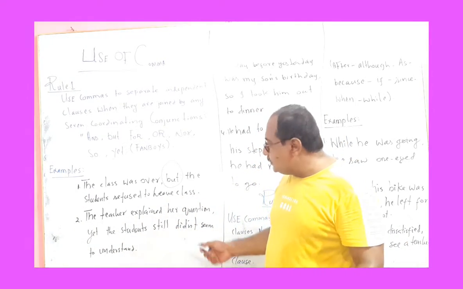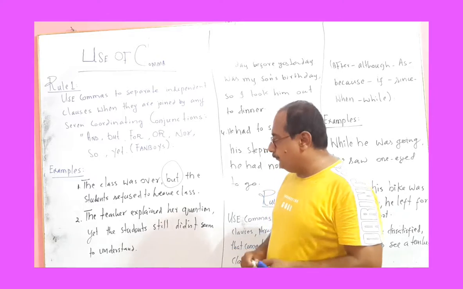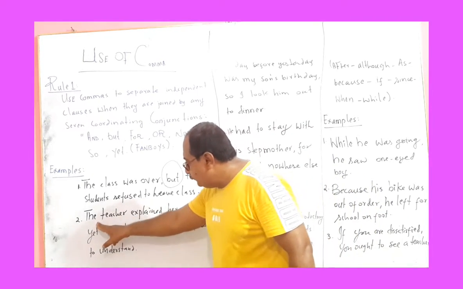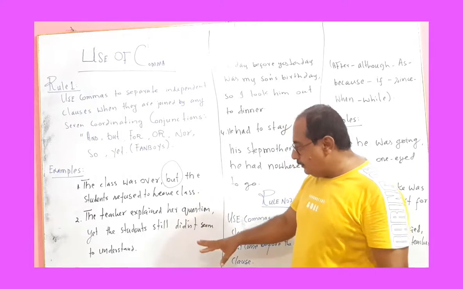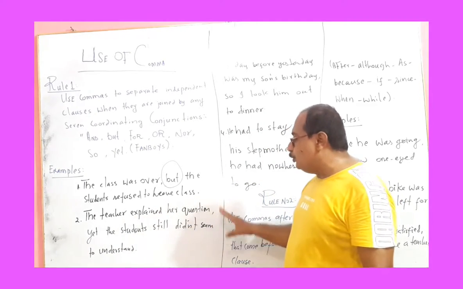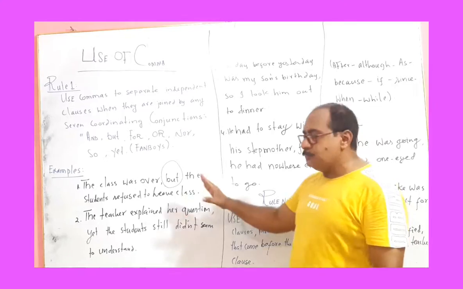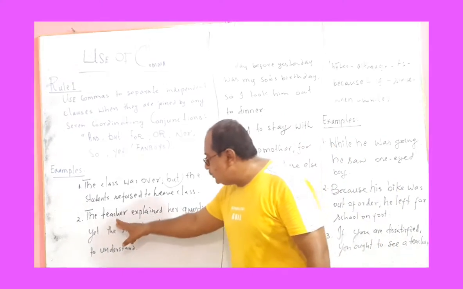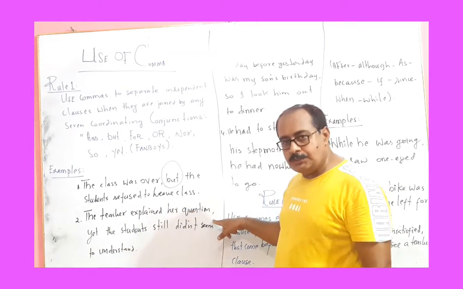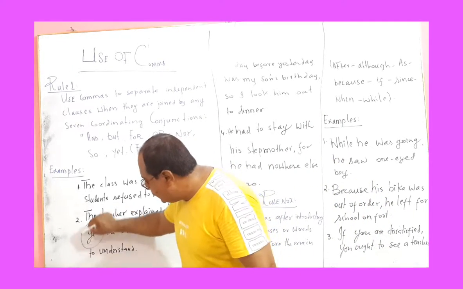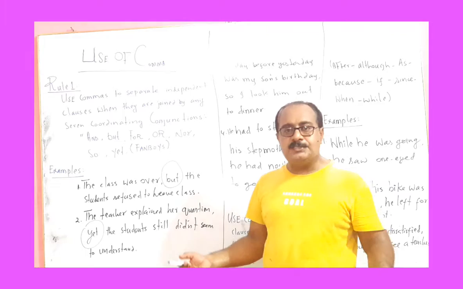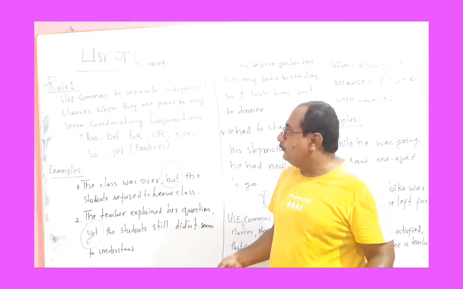So to separate it, we are using but. Second example, the teacher explained her question, yet the students still did not seem to understand. The teacher explained her question is a clause. To separate it, we are using yet here. Yet is a coordinating conjunction.